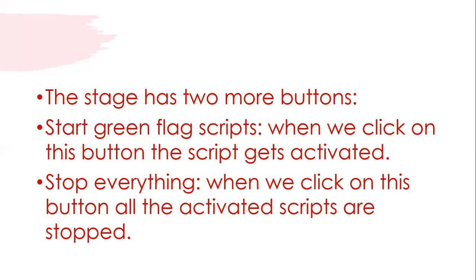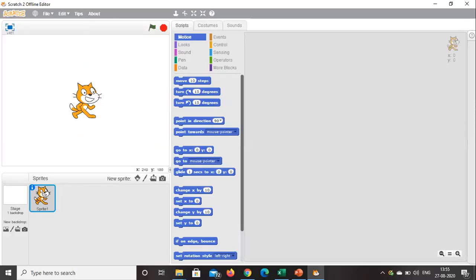So see it clearly so that you will be able to understand. So this is the Scratch screen, children. Okay. So here you are able to see an image of a cat in the white space. That particular cat is what is called the default Scratch sprite.